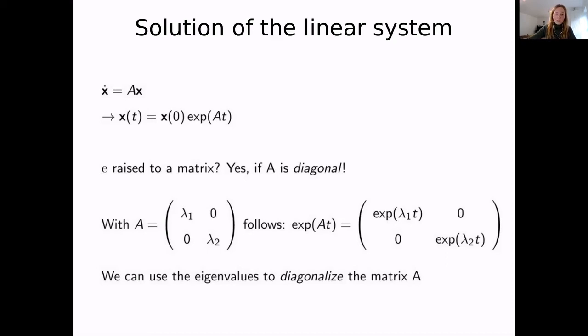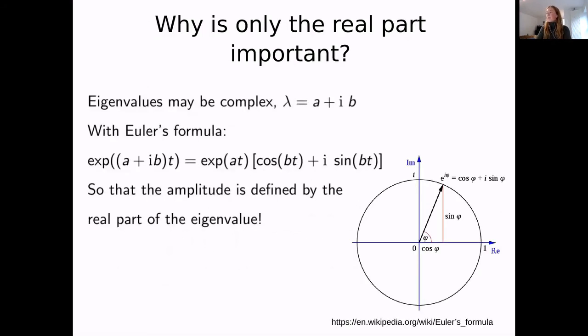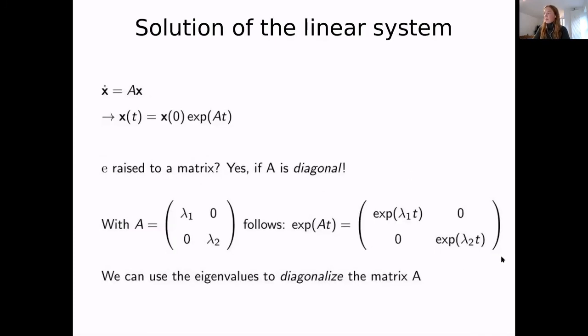Sometimes this is not possible, but maybe just accept that in most cases we can diagonalize our matrix by putting the eigenvalues, which I can calculate in some way, on the diagonal line. And if I can do this, I can find a solution to this weird expression of the exponential function being raised to a matrix. Okay. But still, now we have this as a solution.